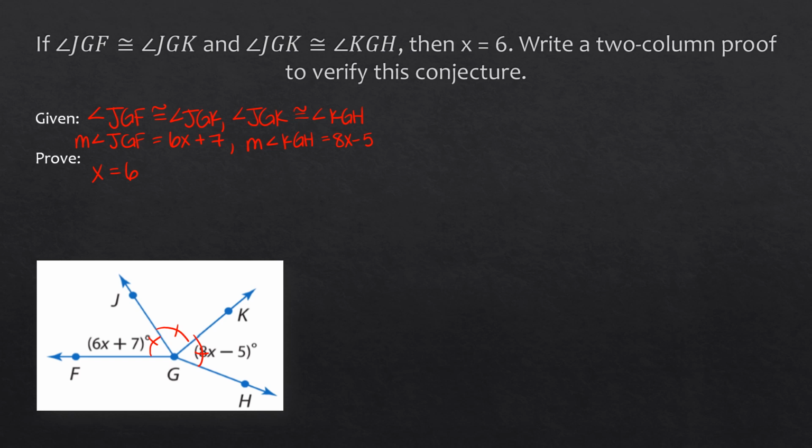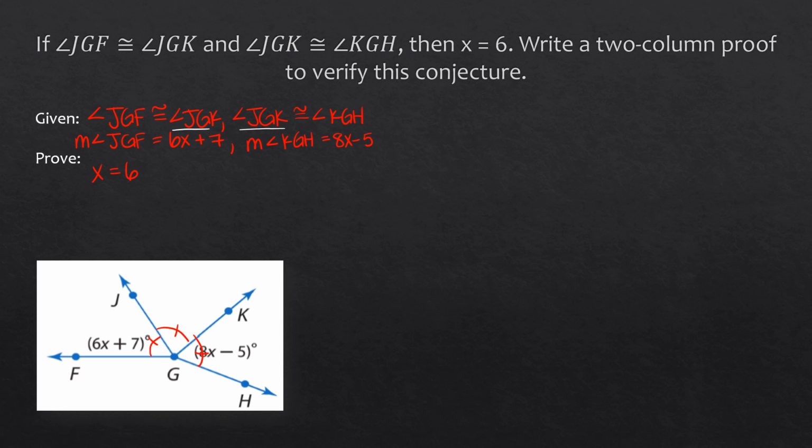Okay, so I might draw my 2-column proof on the remaining area of the screen here, but before we do that, I'm just going to talk through what we're aiming to do here. Notice that we've got 2 congruent angles and then 2 other congruent angles, but this angle JGK shows up in both of them.